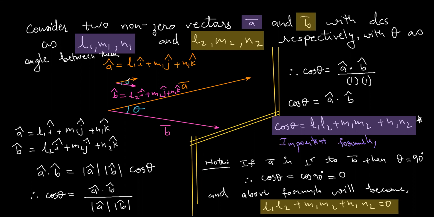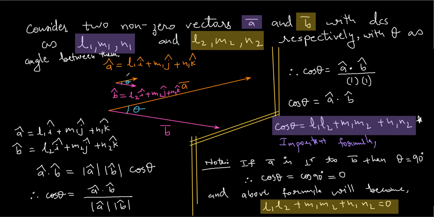Now here I ask you a question. When you have B cap and A cap, how would I be able to get B bar from B cap, or how would I be able to get A bar from A cap?